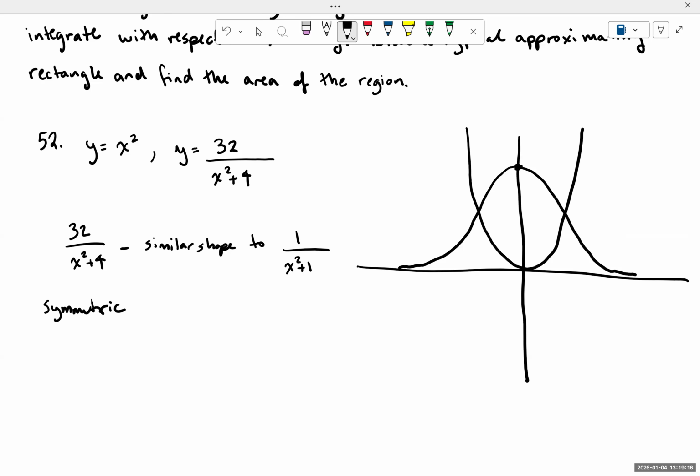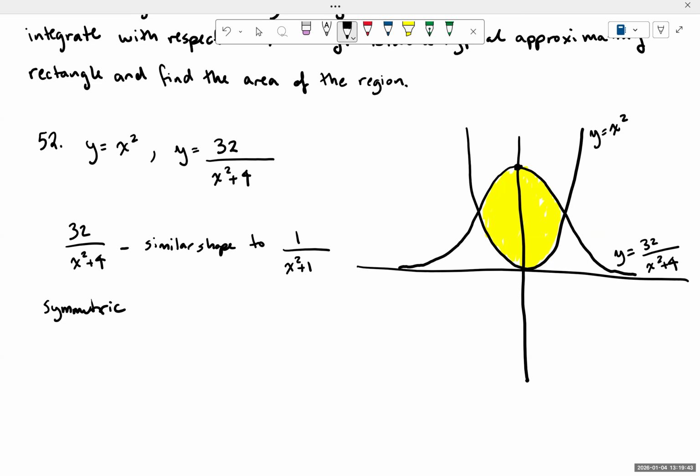So even though it's asking me for this whole region, I can probably do 2 times the integral from 0 to whatever the intersecting point is. And again, I can use my integration with respect to dx, right? So this is y equals x squared, and this is y equals 32 over x squared plus 4.